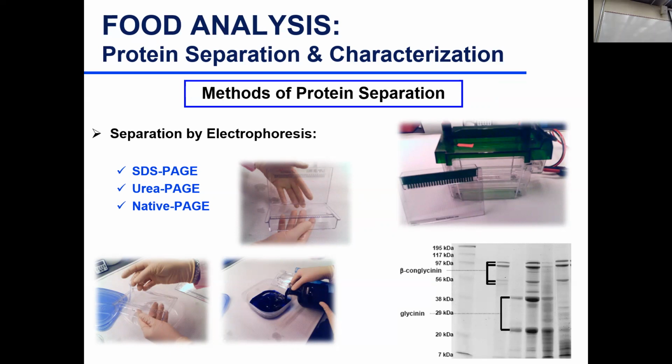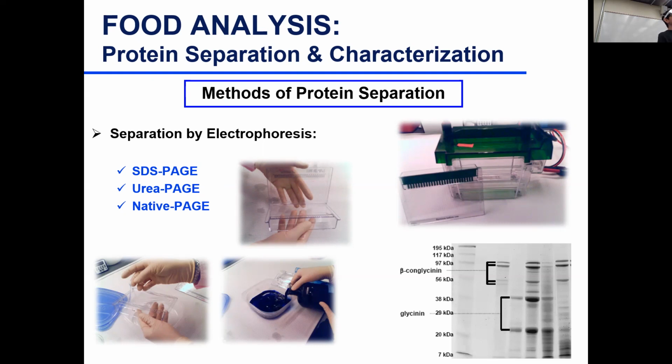And the SDS interacts with the protein and breaks down non-covalent interactions. So if you have protein-protein interaction by hydrophobic bonding, hydrogen bonding, or ionic bonding, these are broken by SDS, and the entire protein becomes negatively charged.